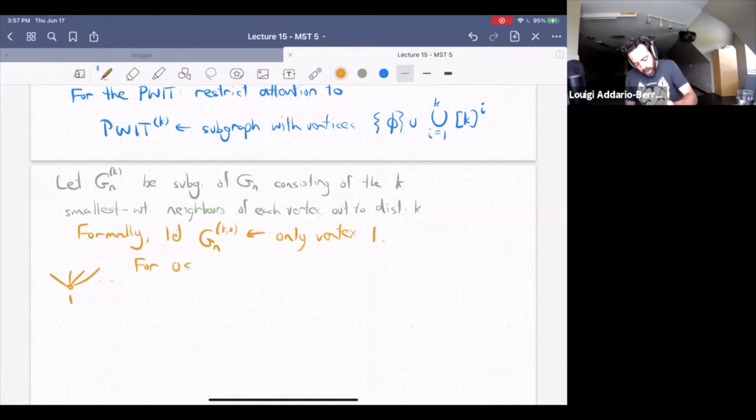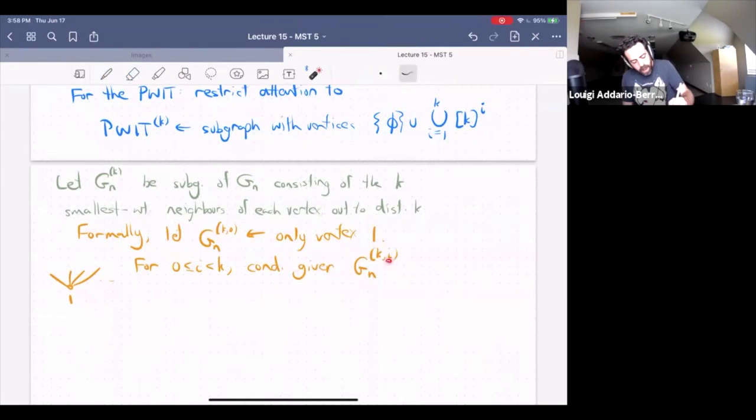Then for each i from 0 up to k minus 1, suppose I show you the graph G_n^{k,i}, the first i levels going out, where I'm looking at k smallest neighbors each time.